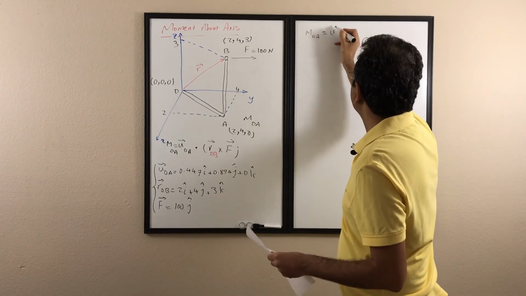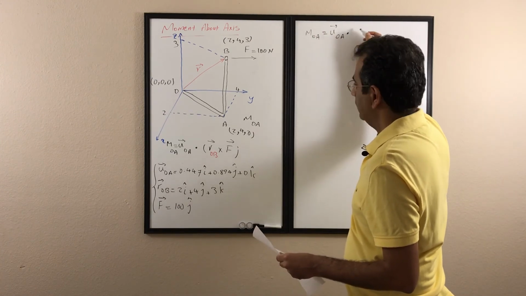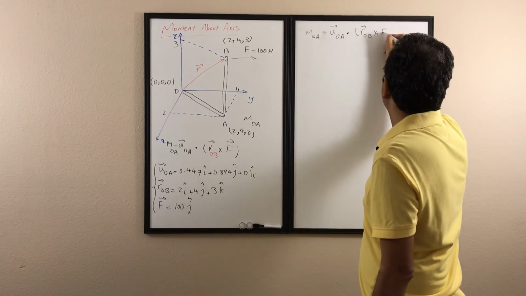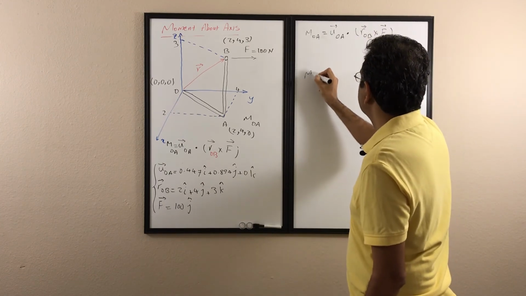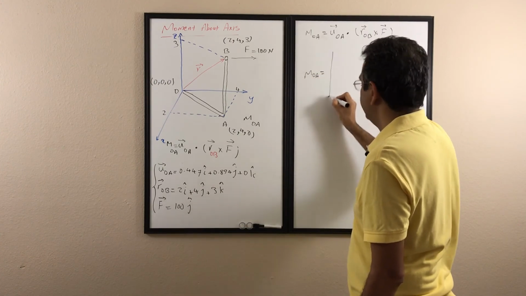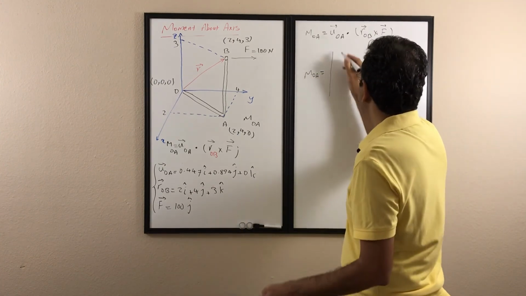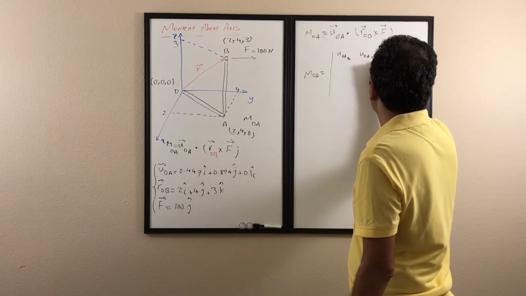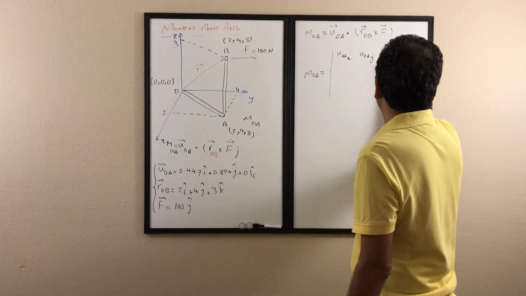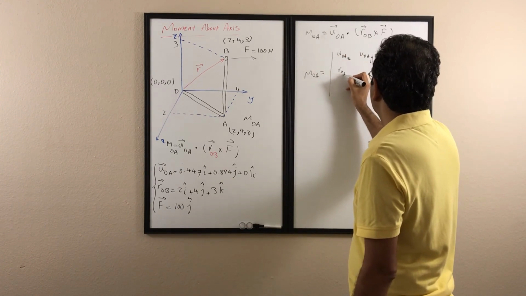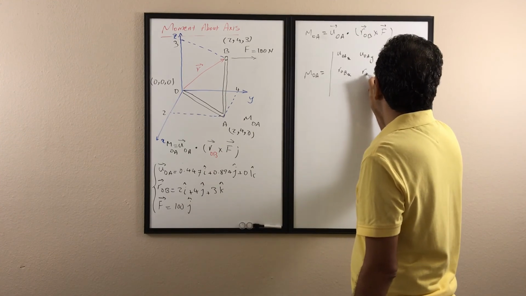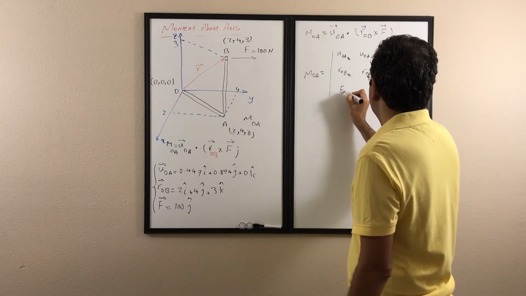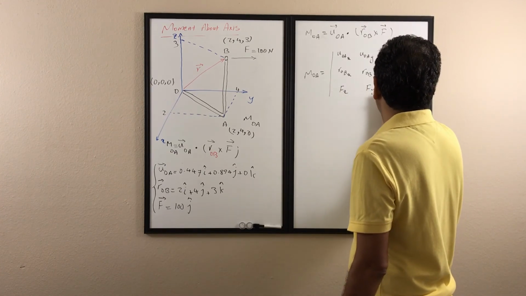It's going to be UOA dot product ROB cross F, and we know that this can be written as a determinant: UOA in the X, Y, and Z components, then ROB in the X, Y, and Z, and then FX, FY, and FZ.